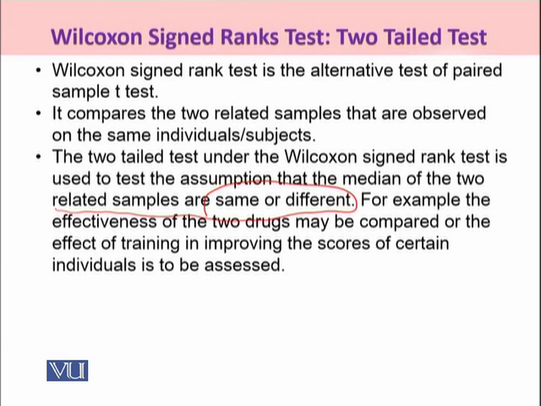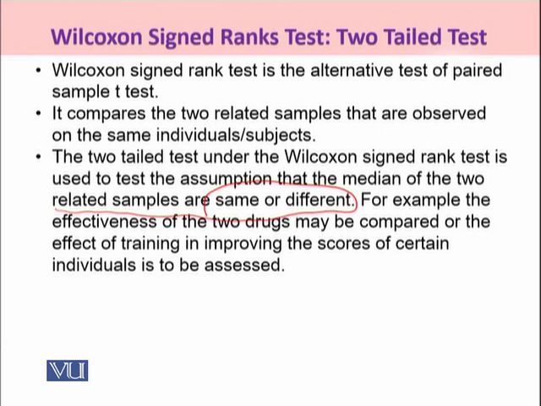For example, the effectiveness of two drugs may be compared to see whether the effect of the two drugs is the same or different. If the data is in the form of pairs, we can take the difference and test whether MD, the median difference, is equal to 0 or not equal to 0.